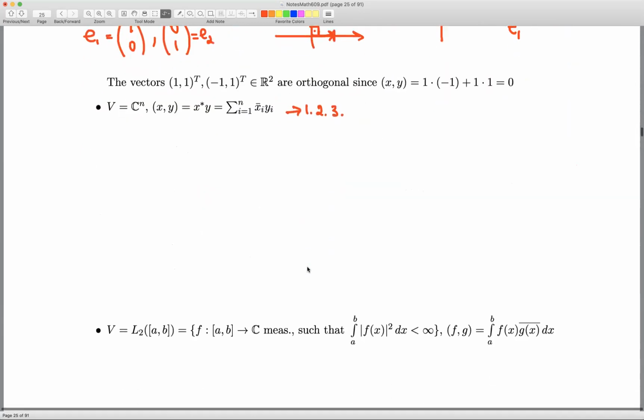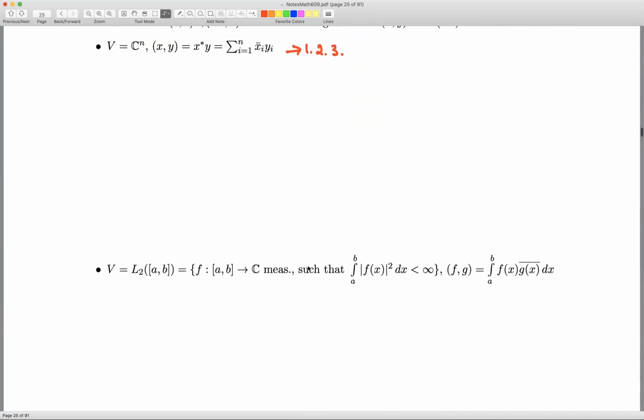Now, another case that we will consider is the following. The vector space in this case will be denoted by L2(a,b). It will always be a letter L, and the index here will be different. This index shows up right here in the power, and (a,b) means an interval.